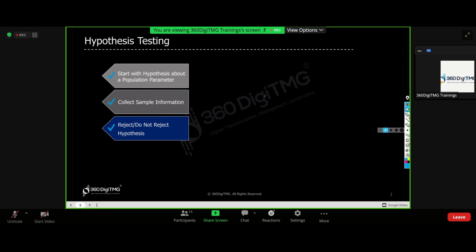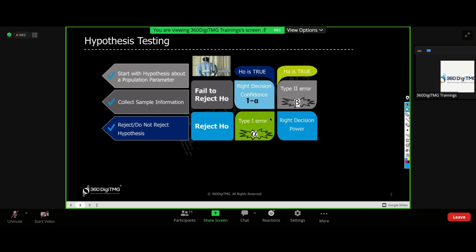First you start with a hypothesis about a population parameter. You collect some information. Now what is happening? Are you going to reject or are you not going to reject? If you fail to reject H naught, what is H naught?